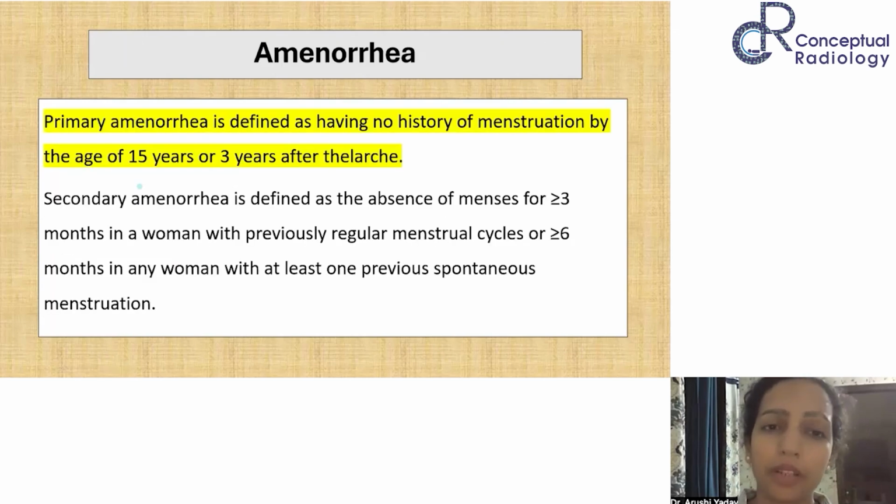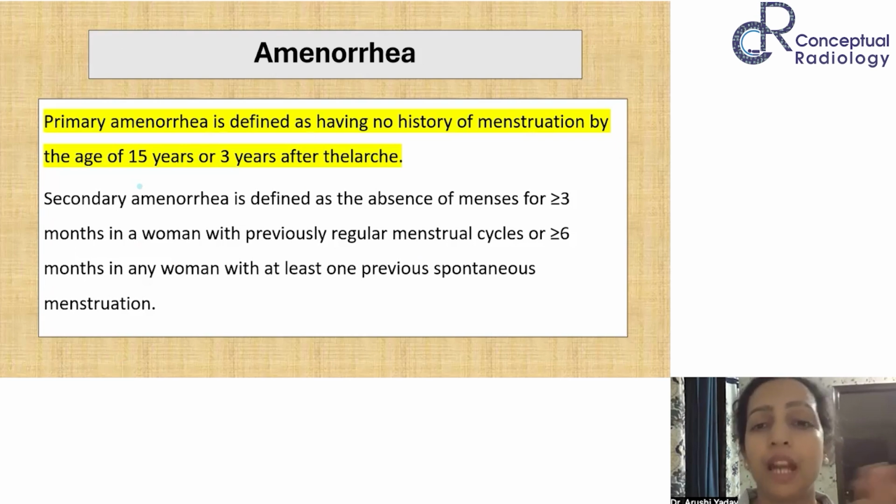Primary amenorrhea, by definition, is having no history of menstruation by the age of 15 years, or 3 years after having breast development or thelarche. This is something that we must know clinically. And secondary amenorrhea is defined as absence of menstruation for more than 3 months in a woman with previously regular cycles.